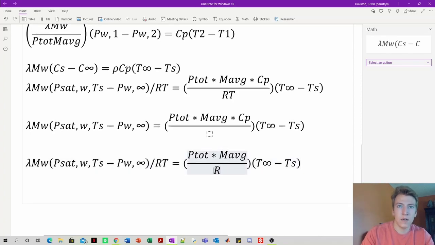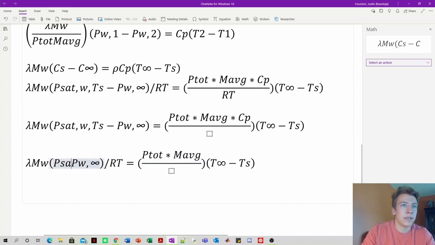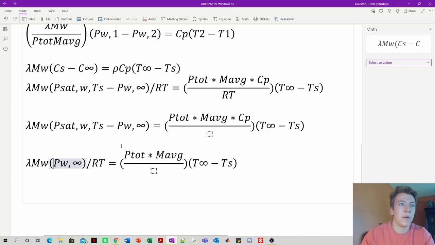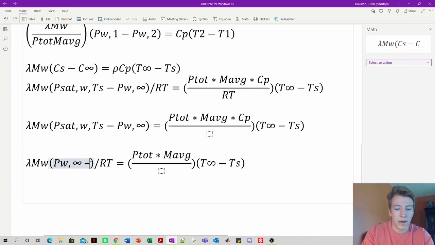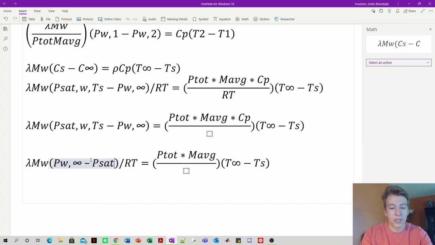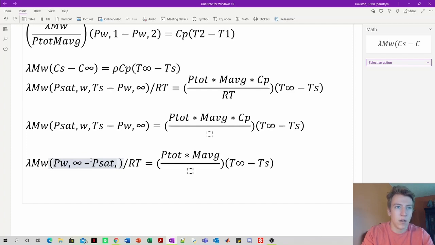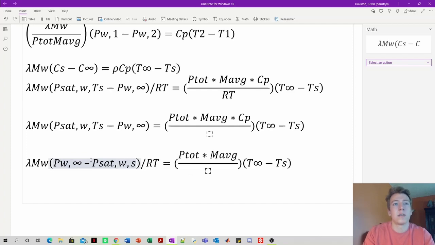So on the left-hand side, we're going to have PW, the partial pressure of water away from the surface, minus the partial pressure of the saturated water at the surface.